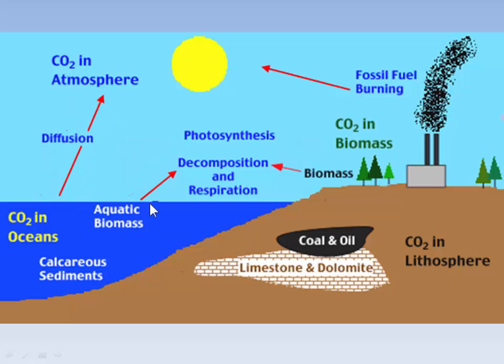When living things die and decompose, the carbon in the body is released as carbon dioxide, and of course, everyday living, cellular respiration, produces carbon dioxide. So carbon dioxide gets into the atmosphere through decomposition and respiration of living things, both in the ocean and on the land. And man puts carbon dioxide into the atmosphere by burning fossil fuels.